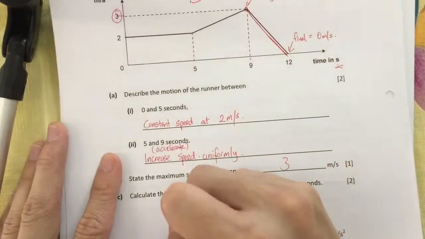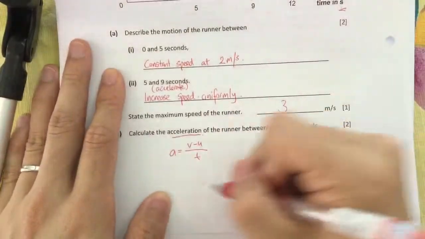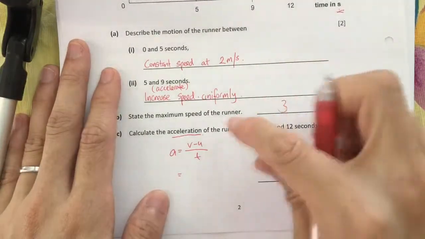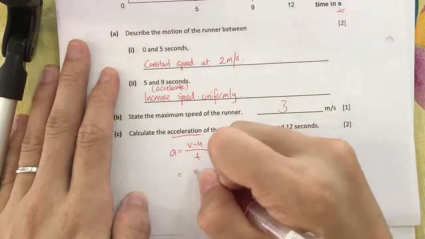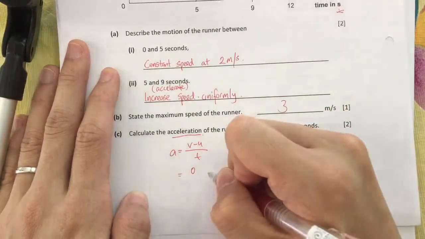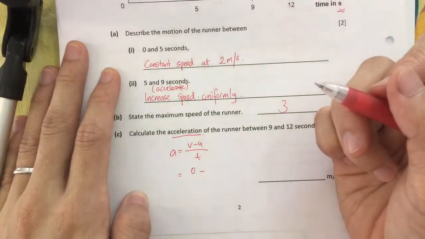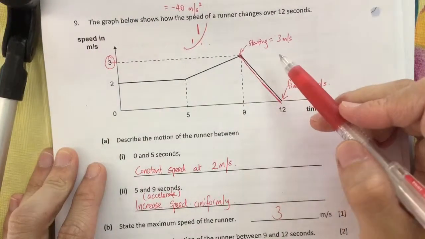Okay, so A equals to V minus U over T. Final. Charlene, give me a fast one. How do I do this? I have all the numbers ready. 0 minus. What's the starting speed?